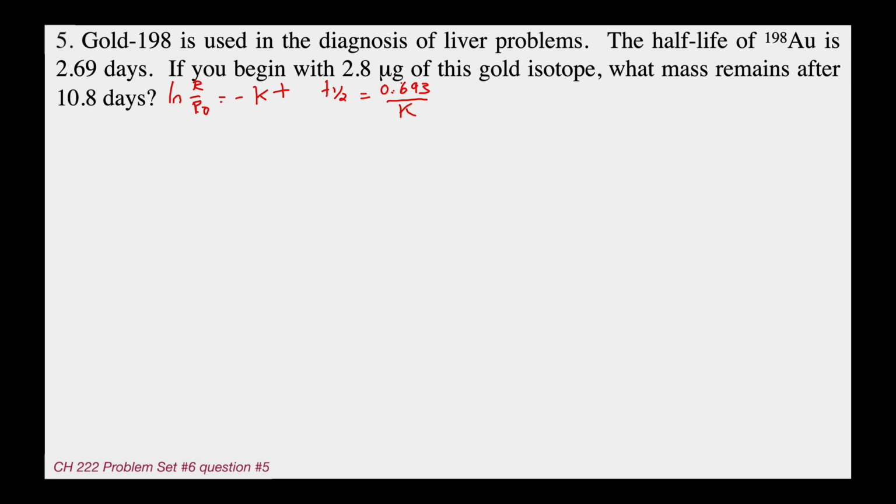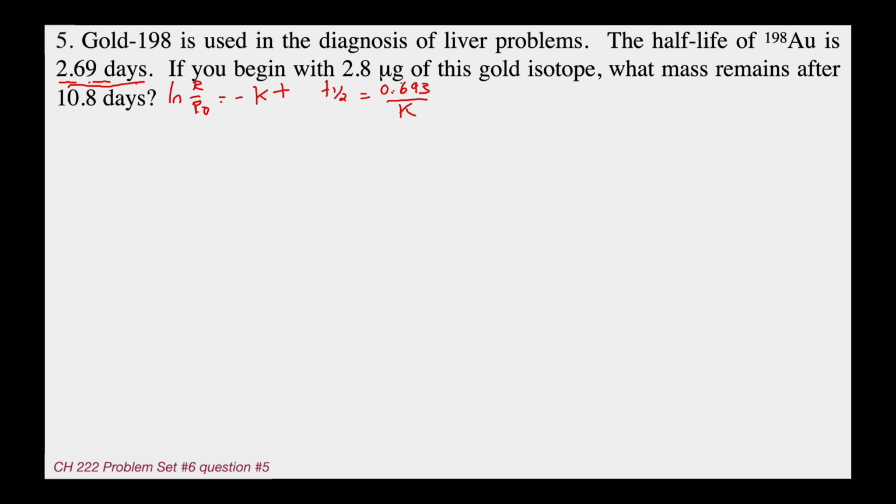In this problem, we have the half-life of 2.69 days, so we can put that in for t1/2. 0.693 divided by the half-life will equal k. We'll solve for that, and then finally we can put it back in the first-order integrated rate law to see how much R is left over after 10.8 days.